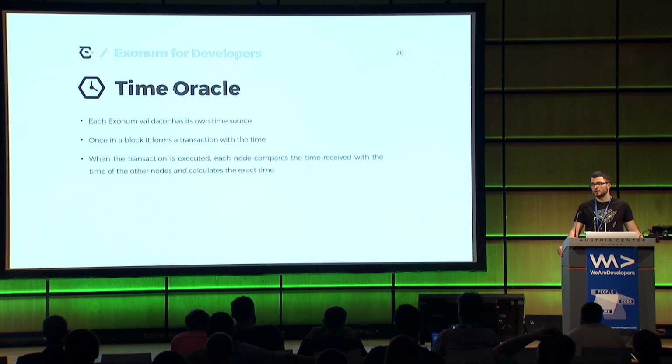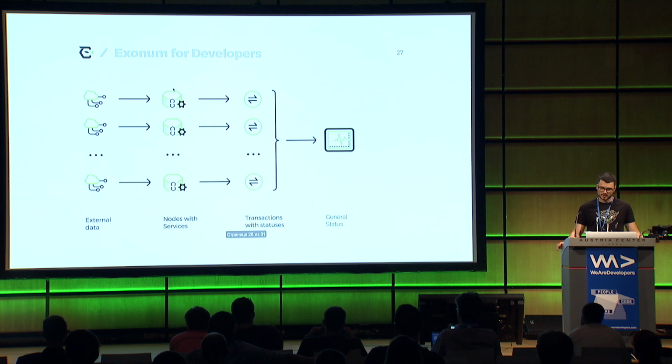And when the transaction with this corresponding time is executed, we may calculate a direct time of block and kind of fix this big problem with time. So how it looks on the schema: we have external data, in our case, external sources of time.